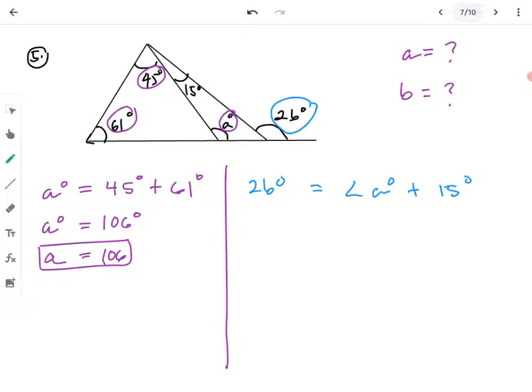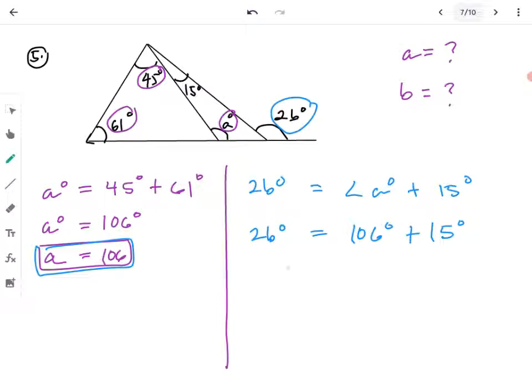Remember that this equation has two unknowns, B and A. We should observe first that A is already solved in the first solution. So we can replace A with 106. Instead of saying angle A, we can say 2B degrees equals 106 degrees plus 15 degrees.